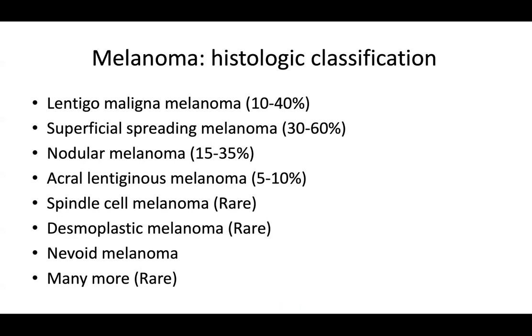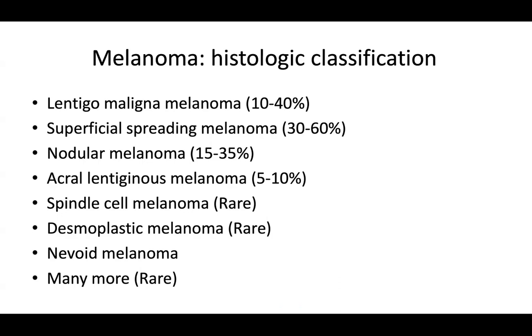But acral lentiginous melanoma oftentimes has specific genetic aberrations or more common genetic aberrations, such as KIT mutations and things like that, that make them somewhat special. However, unfortunately, acral lentiginous melanoma is diagnosed often at a more advanced stage and results in a very increased morbidity and mortality for patients, even patients of skin of color.